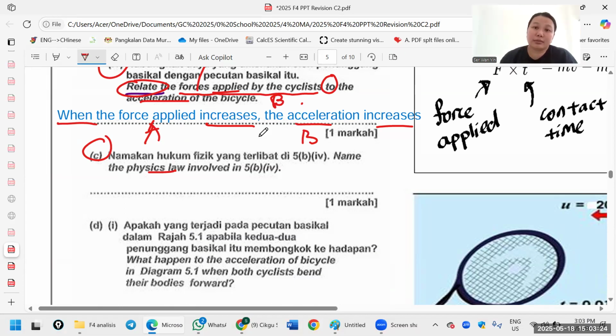If you forgot, let me remind you. Principle of conservation of momentum. Is it related? Principle of conservation of energy. Newton's first law of motion. Newton's second law of motion. Newton's third law of motion. Newton's universal law of gravitation.